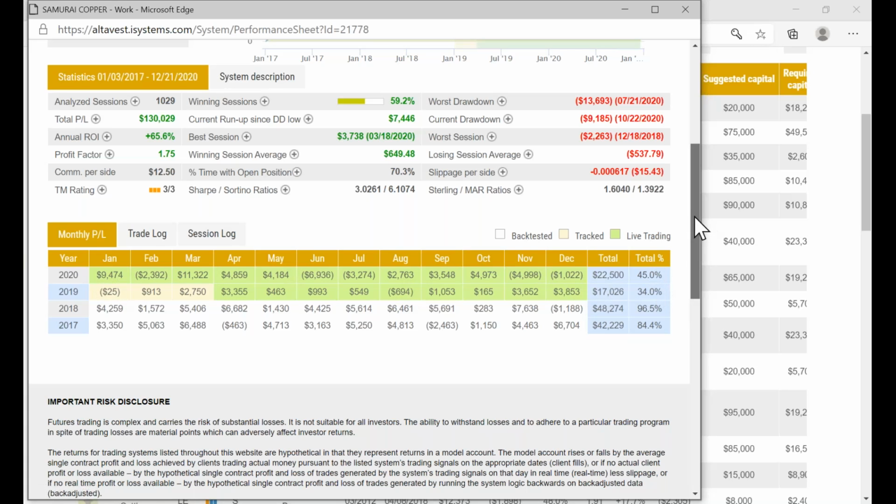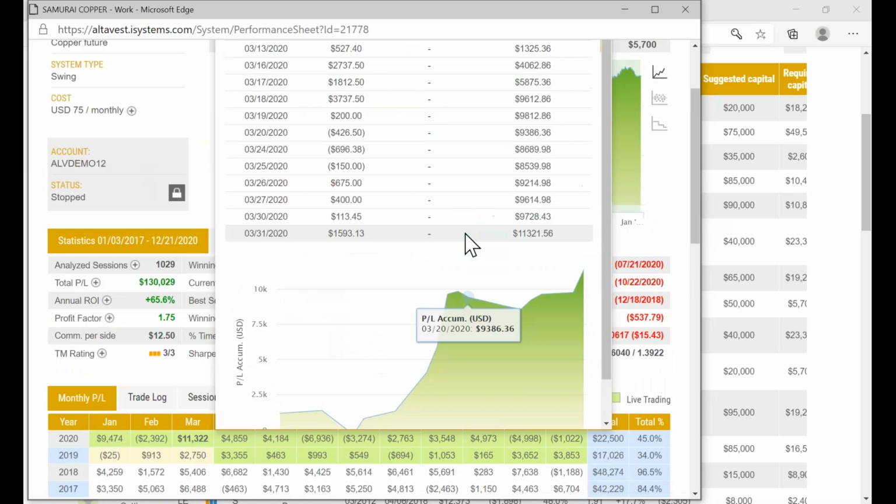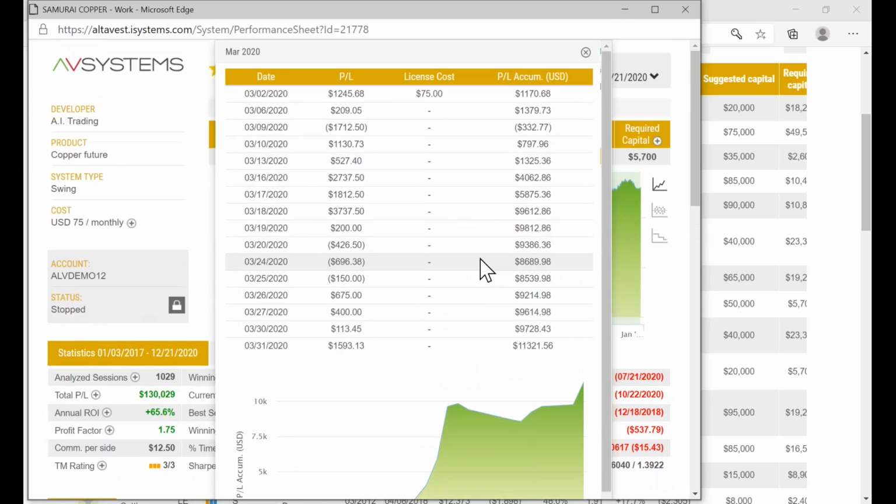Now let's point out one thing. We briefly looked at it in the presentation. Look at March. The stock market dropped like a rock, and yet here's a trading system. And let's look at that trading here in March. You'll notice the day-by-day P&L, and on the first day, that license cost is deducted from your account.